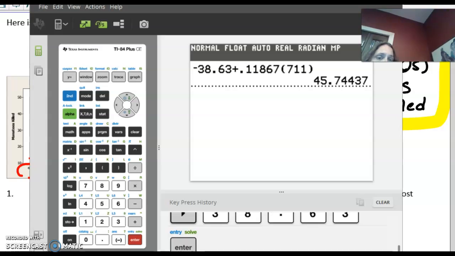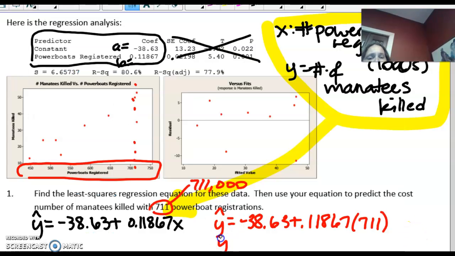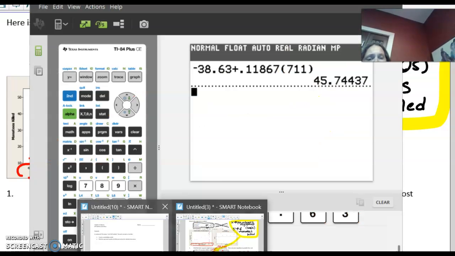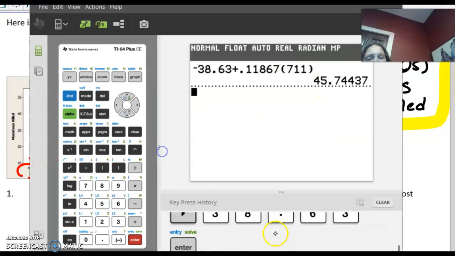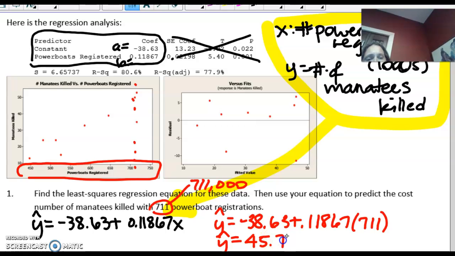Obviously, that makes sense mathematically, but not in terms of a manatee. So I would probably write down the decimal value and then an approximate answer. So y hat is 45.744, which is approximately 46.